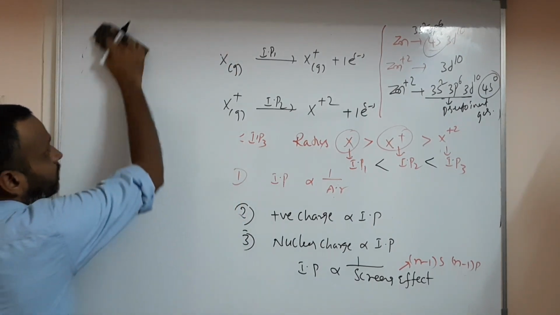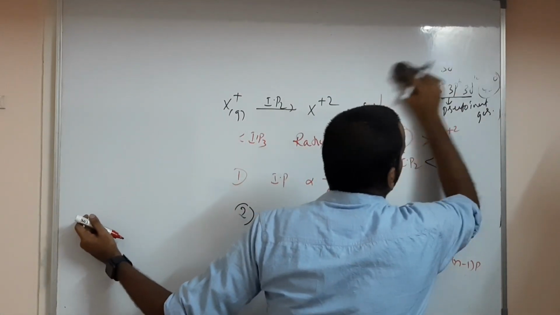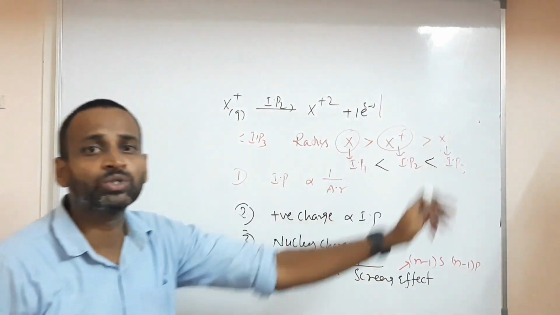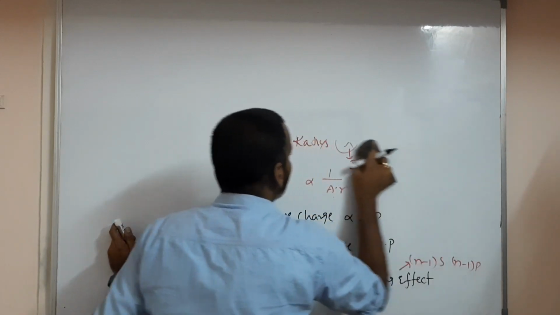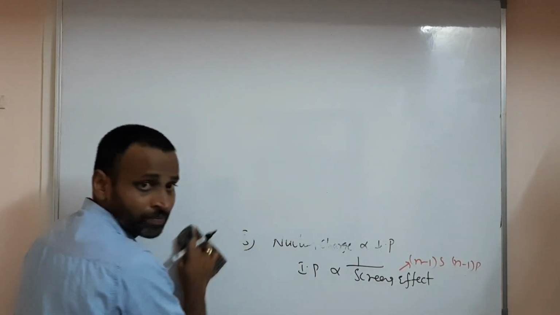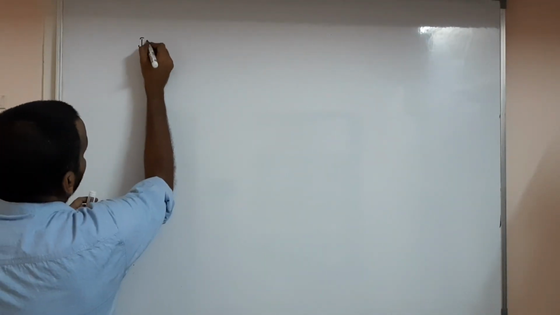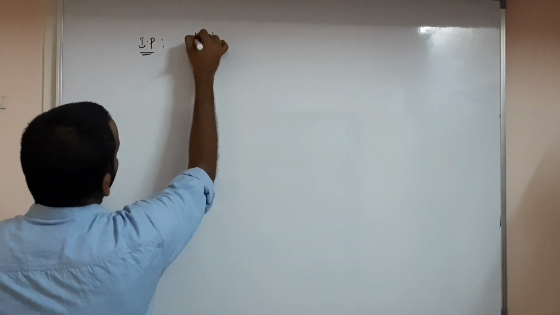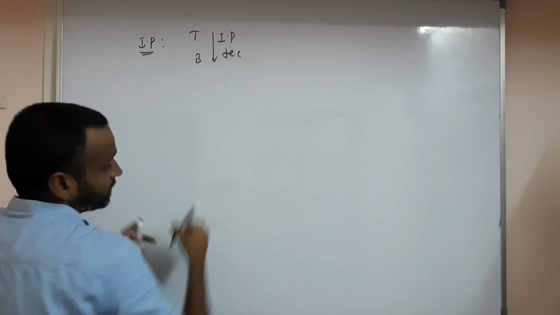Left to right, atomic radius decreases, so IP should increase, but IP values also depend on electronic configurations, as I said. But top to bottom, IP decreases. So this is very, very important.